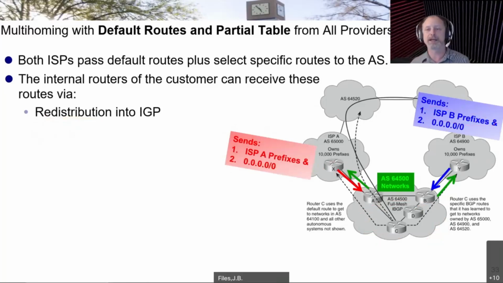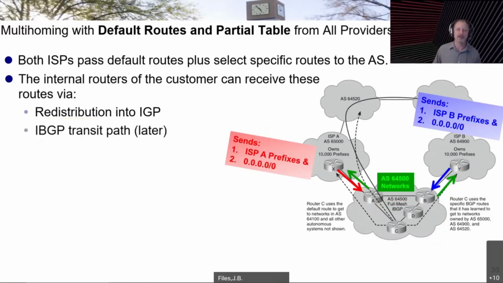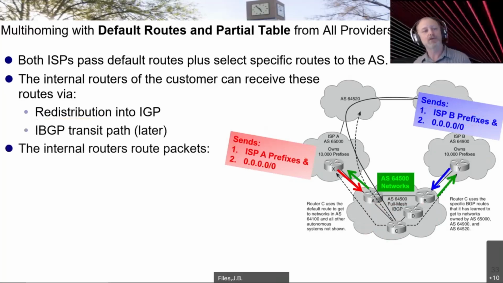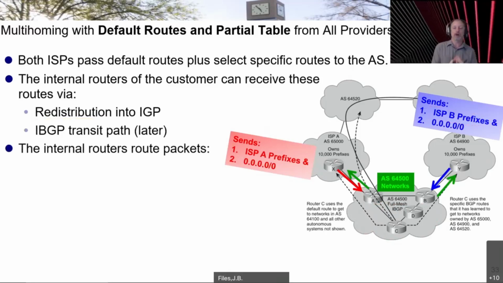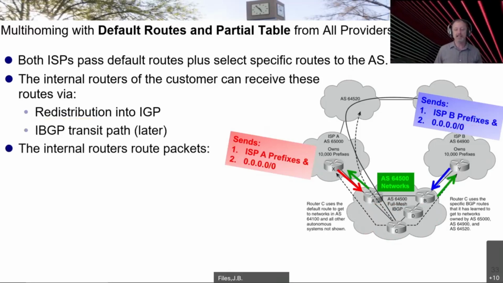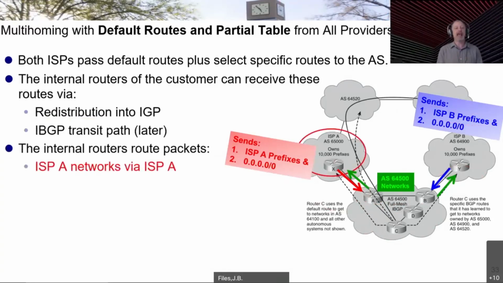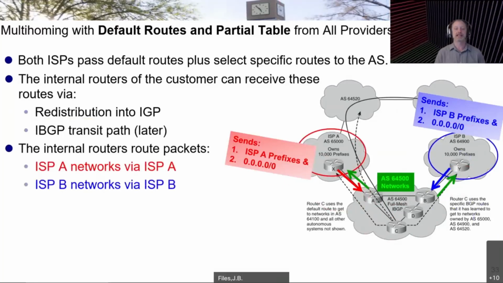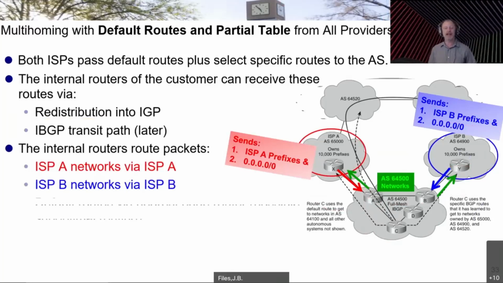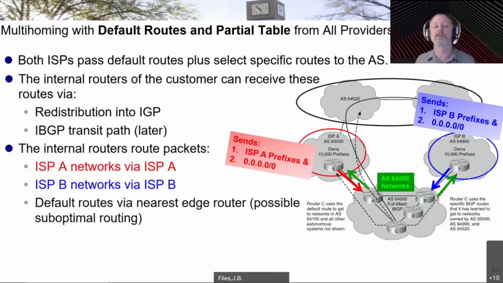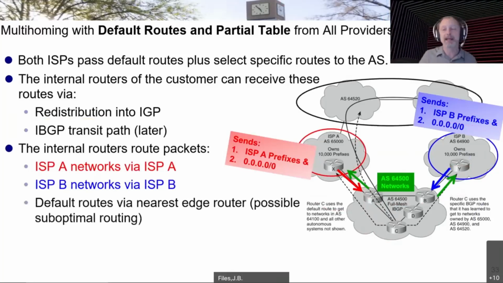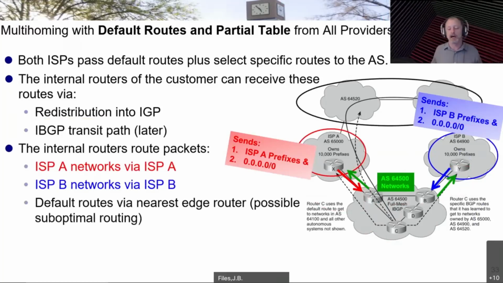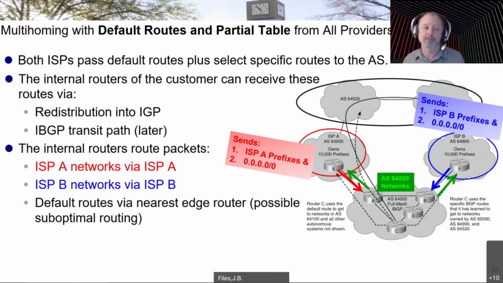So we will probably instead use an iBGP transit path, which we'll talk more about. Okay. So these interior routers are going to route packets, and essentially we're going to use ISP-A to get to ISP-A networks, ISP-B to get to ISP-B networks, and then default route to everything else, which again might mean we end up with some suboptimal routing perhaps.